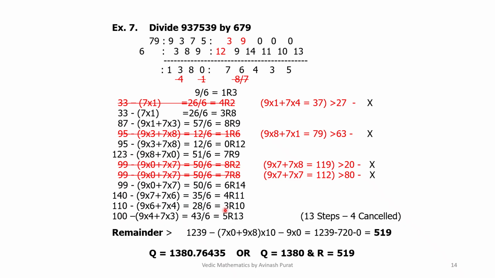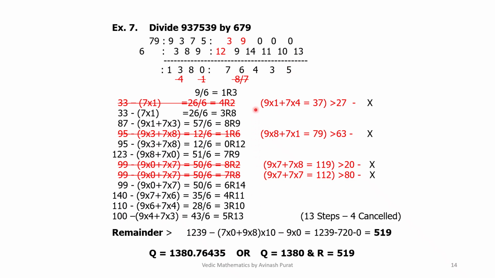That is, we take quotient as 3 and not 4, and remainder is 10. So 100 minus 9 into 4 plus 7 into 3. The answer is 43 divided by 6 equal to 5. Quotient is 5 and remainder is 13.